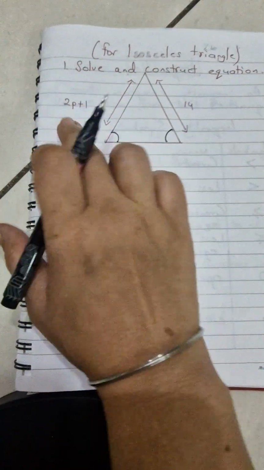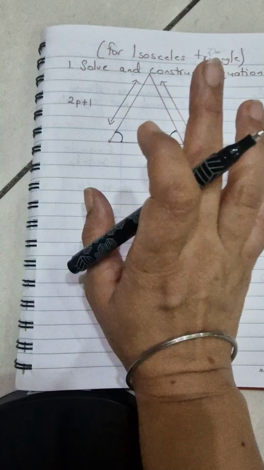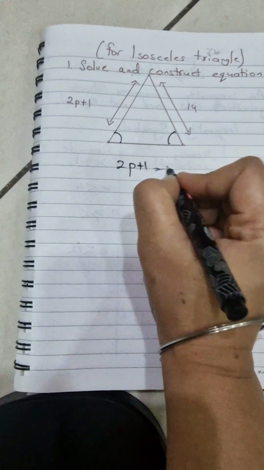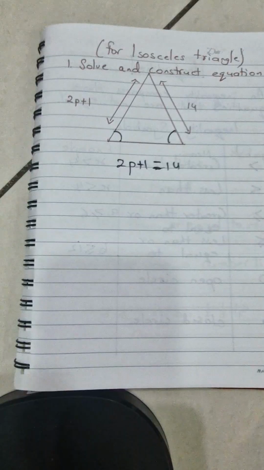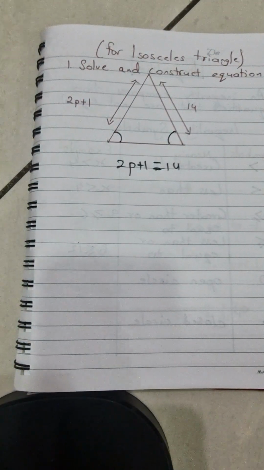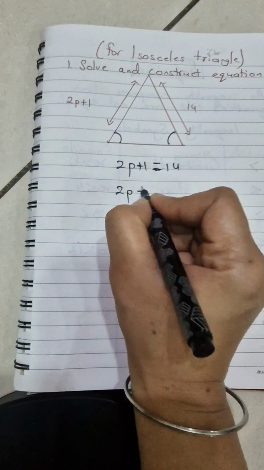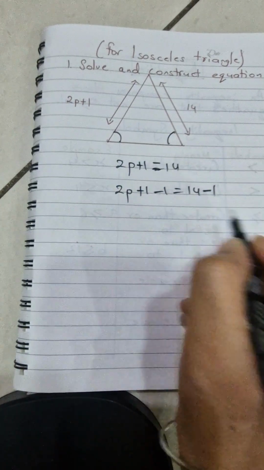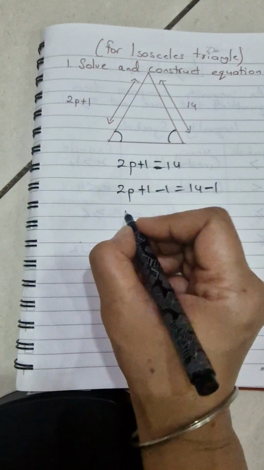So now if they both are equal, then you will construct an equation like this way. If they are equal, then it means like this. Do the same thing what we have done in the previous page. First you will remove 1, because here it is positive, it becomes negative.